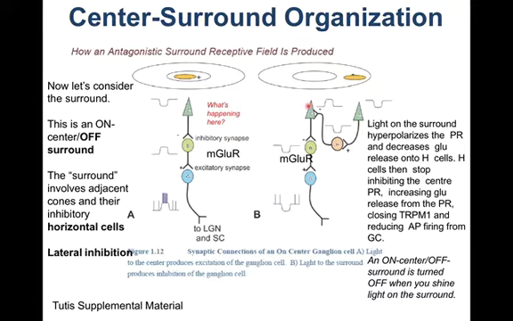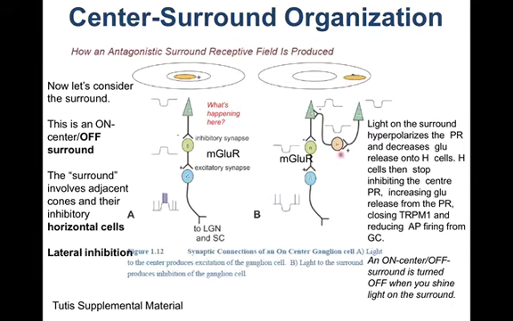They'll be releasing glutamate onto the bipolar cell, and releasing glutamate onto the bipolar cell will increase mGluR activity, and that will lead to closure of TRPM1, and that will lead to hyperpolarization of your bipolar cell, which will lead to a decrease in firing in your ganglion cell. So in our on-center, off-surround system, when we shine light onto the surround, we turn the system off.